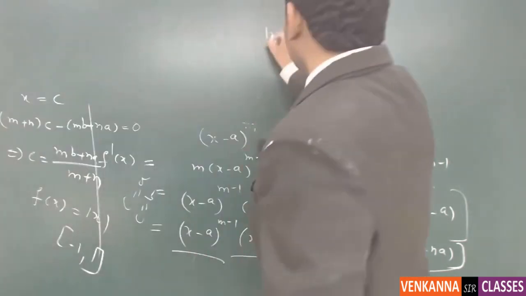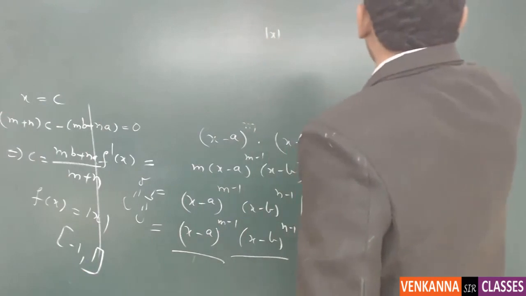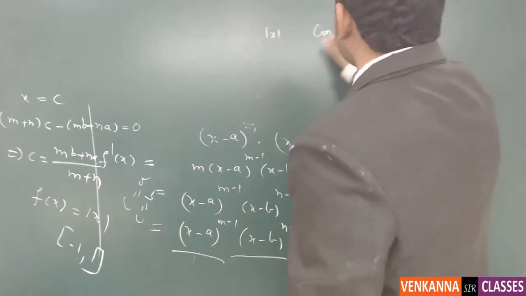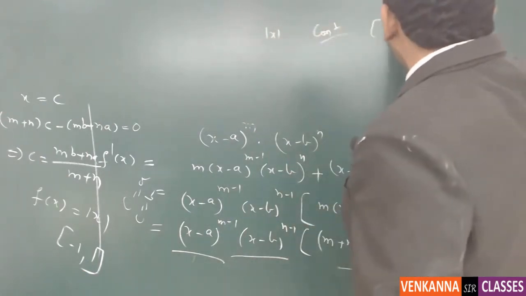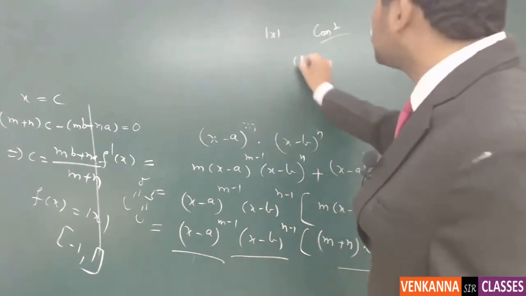Here the function on the interval -1, 1 is continuous, because mod x is always continuous. But at the point 0, it is not differentiable.